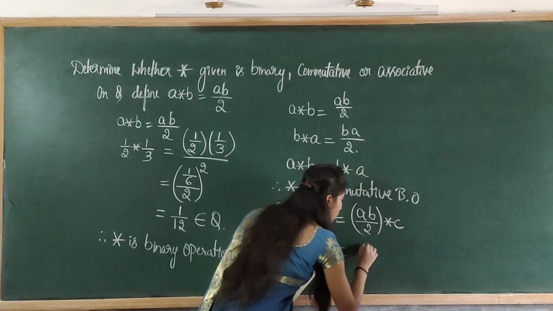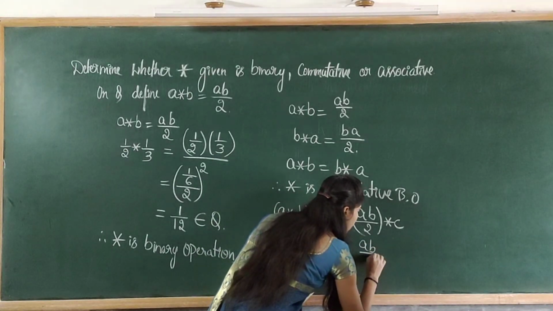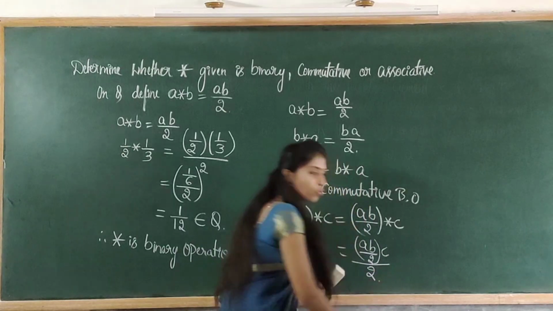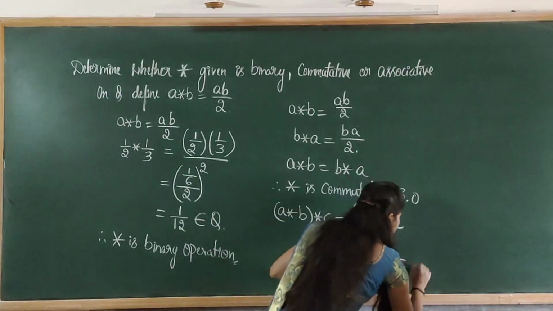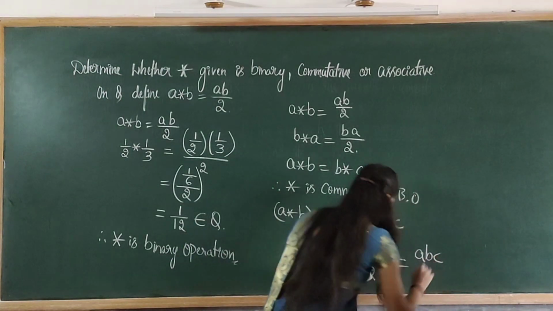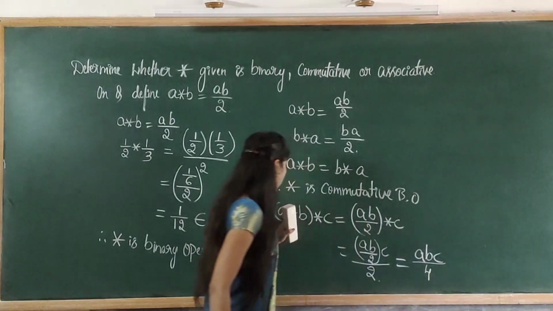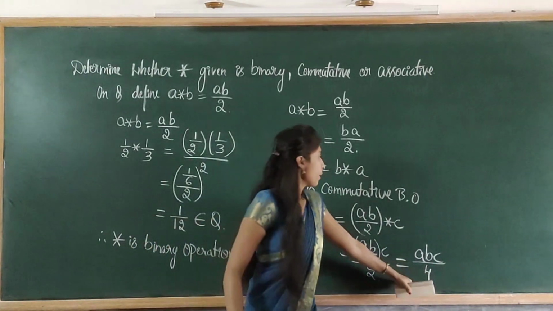So, AB by 2 into C divided by 2. For this, how can I write? That is ABC divided by 4.